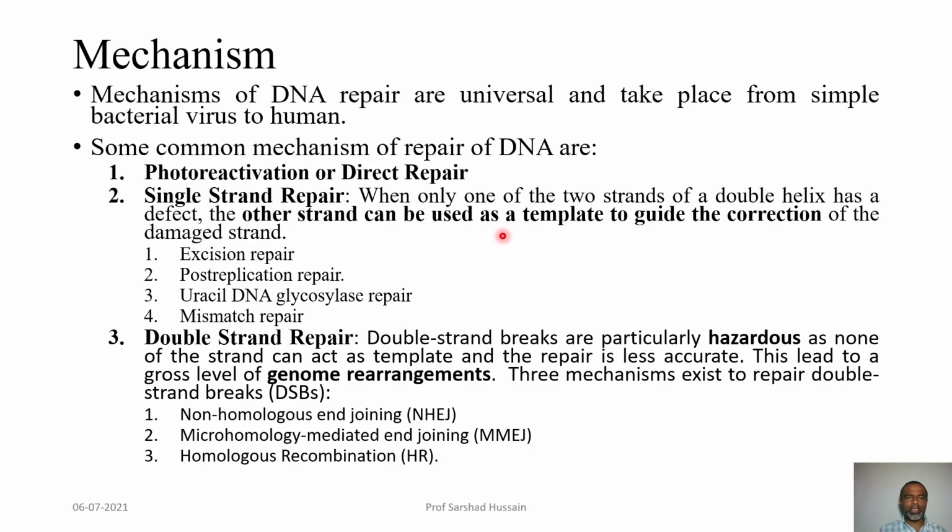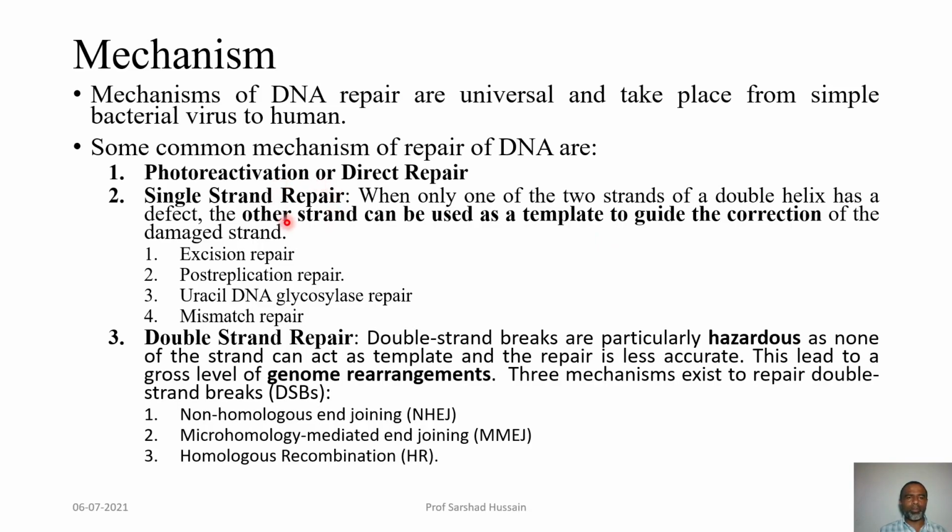If on one strand it is adenine, then on the opposite strand it will be guanine. Say, for example, if the second strand is damaged, then the original strand may be used as a template, and the guanine may again be reinserted to correct the damage of the DNA.